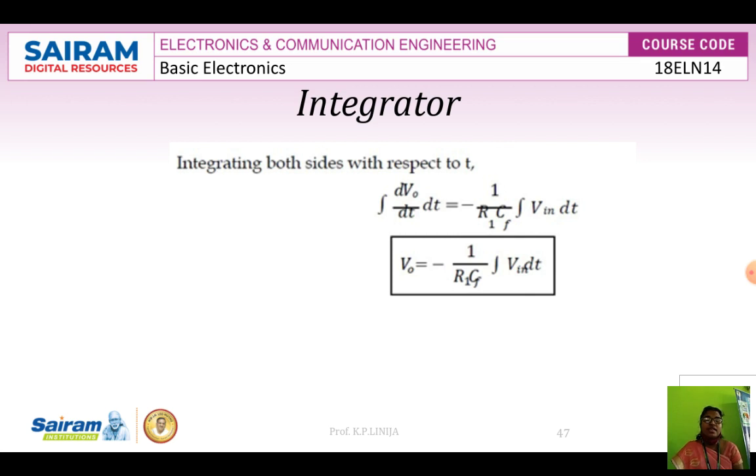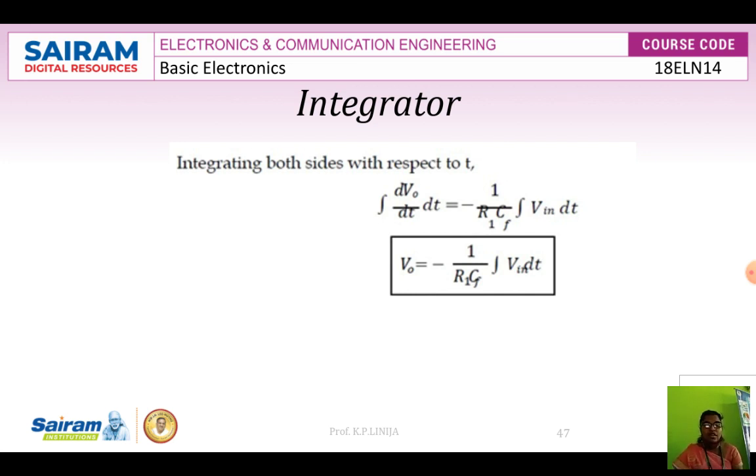Therefore, integral of dV0 by dt into dt is equal to minus 1 divided by R1 CF into integral of Vin dt. After integrating dV0 by dt into dt, we get V0. Minus 1 by R1 CF is a constant value, and we write the integral of Vin dt.